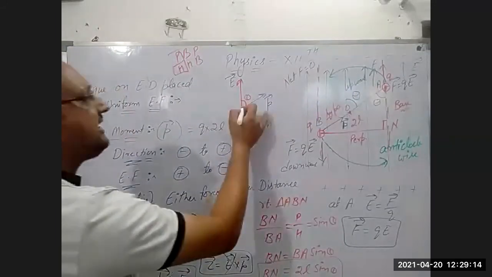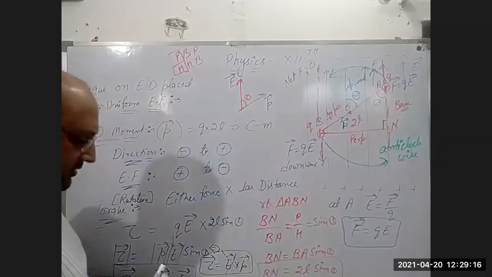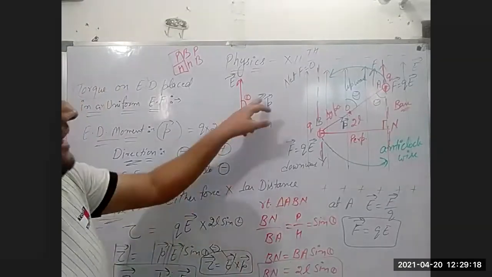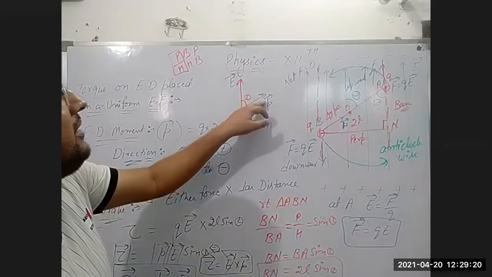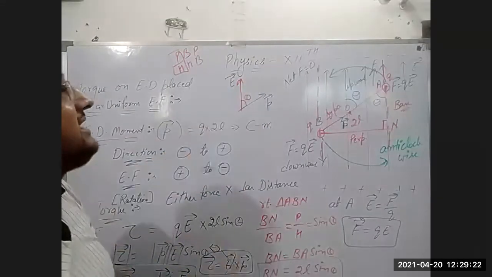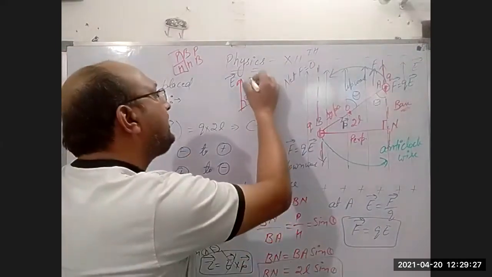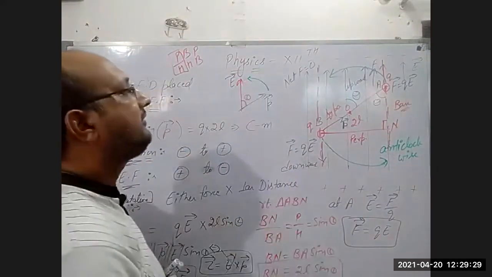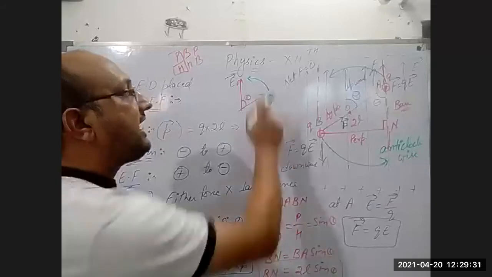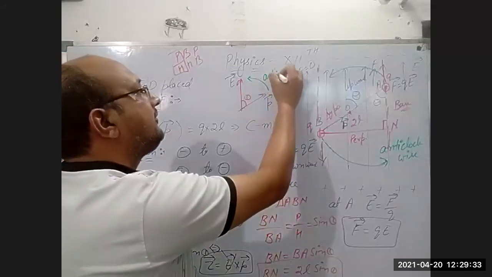Look at this diagram. If we go from P to E, what will be the direction? Anti-clockwise.